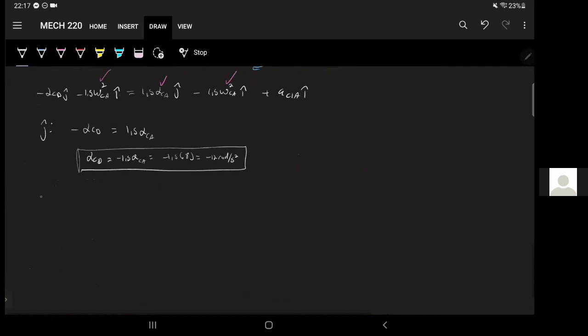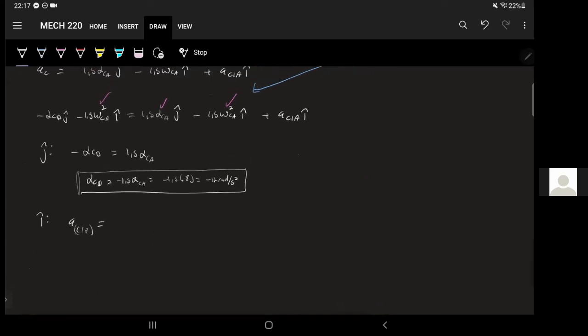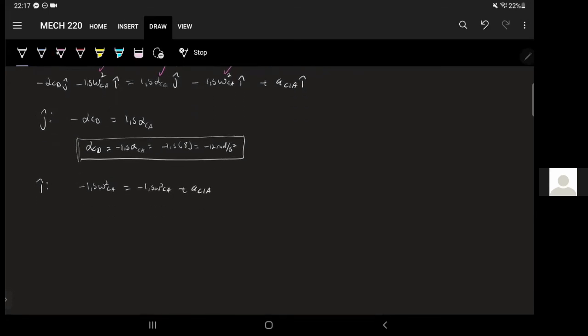And then, of course, if we wanted to find, using I hat, the acceleration of A given the reference frame, basically we know it's minus 1.5 omega CA squared plus ACA. This cancels, therefore A equals 0.